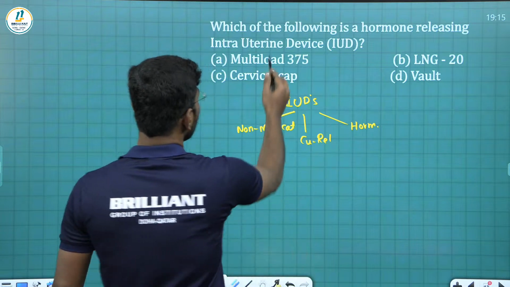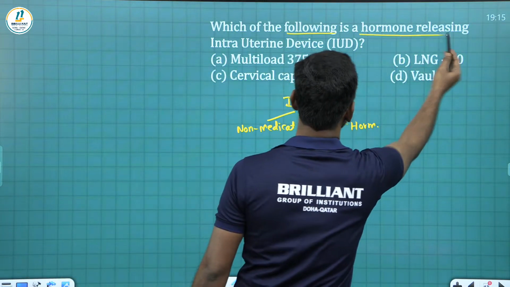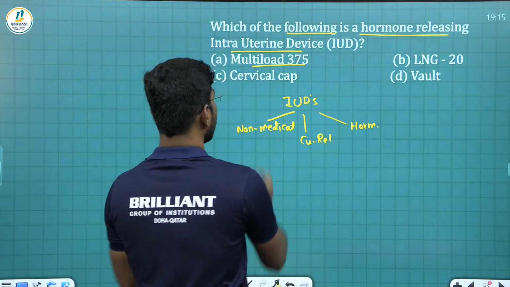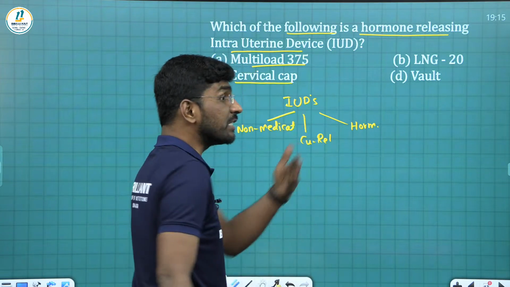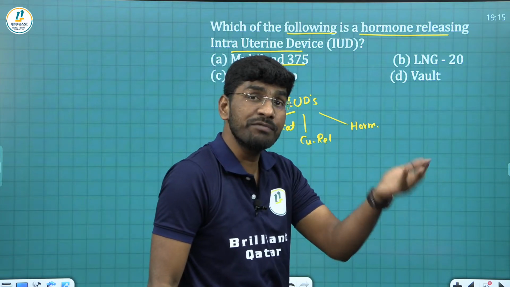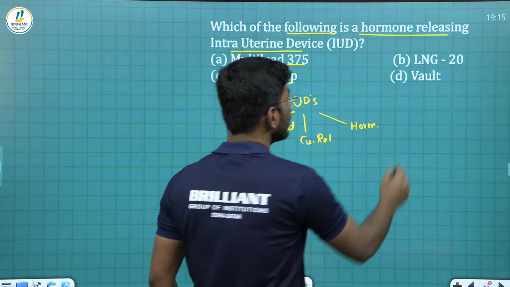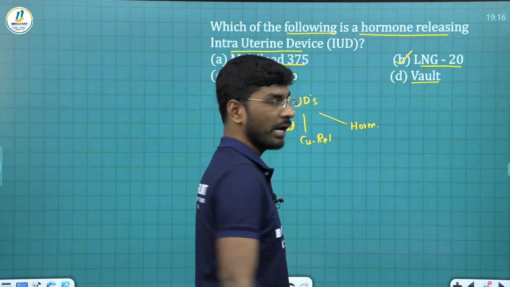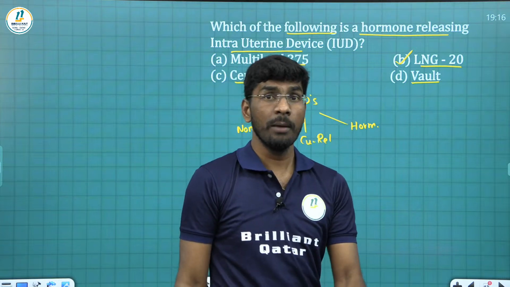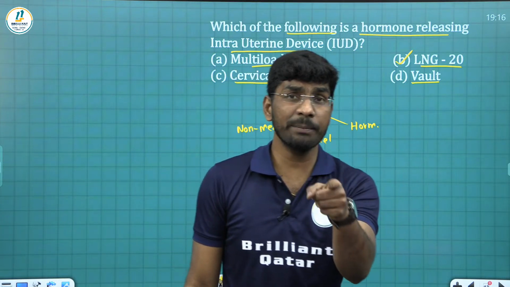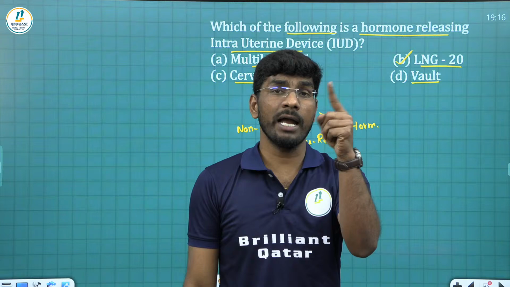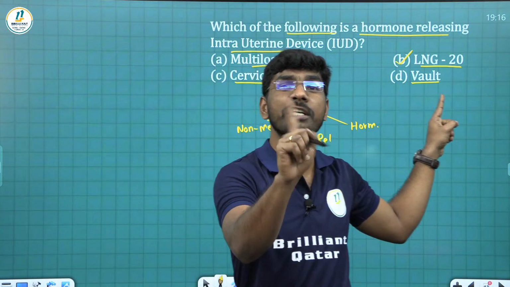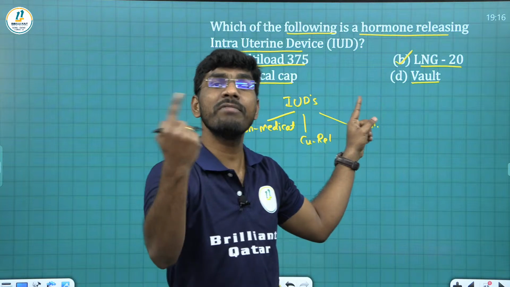They're asking, which of the following is the hormone releasing IUD? Multiload 375 is copper releasing. Cervical cup is a physical barrier. Next, LNG20, yes. Vaults are physical. So I can write LNG20. Yes, good. But remember, contraceptive methods like IUDs and vaults, and also this cervical cap, do not give protection from what? STD.